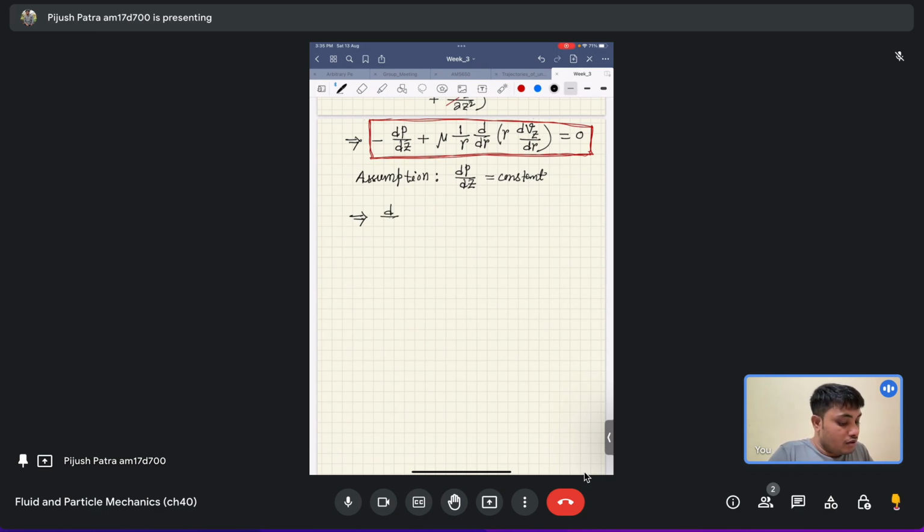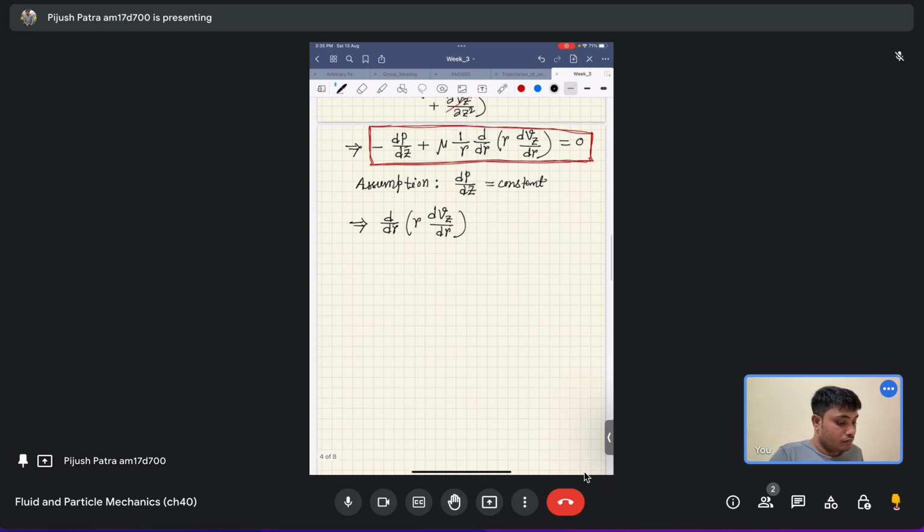If I do that, then I can write that d/dr of r dVz/dr is equal to r/mu dp/dz.